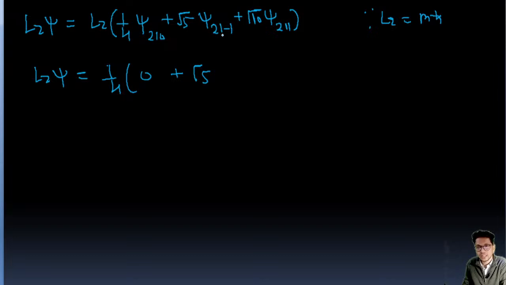The value of M is minus 1, so minus 1 H cut psi 21 minus 1, plus root 10, with M equal to 1, so it is going to be 1 into H cut psi 211.